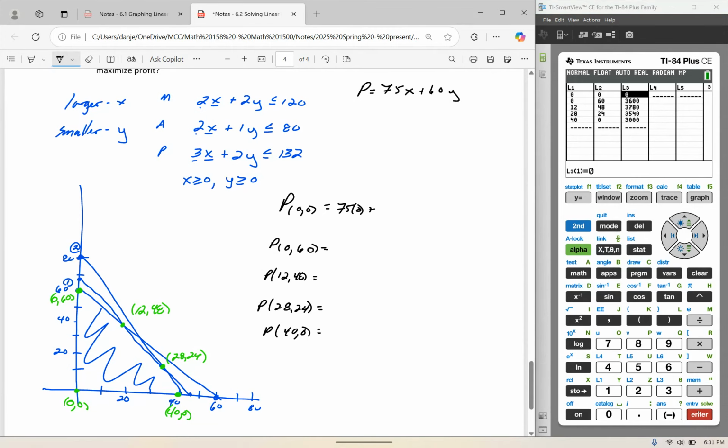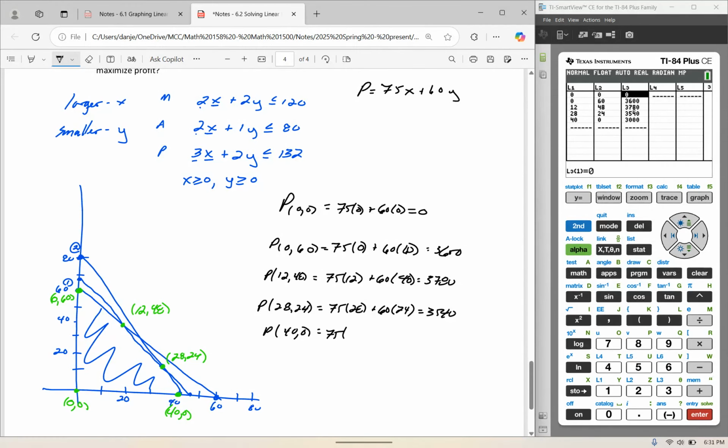75 times 0 plus 60 times 0, we're not surprised at all that that's 0. 75 times 0 plus 60 times 60 is 3,600. 75 times 12 plus 60 times 48, according to the calculator right there, is 3780. 75 times 28 plus 60 times 24 is 3540.